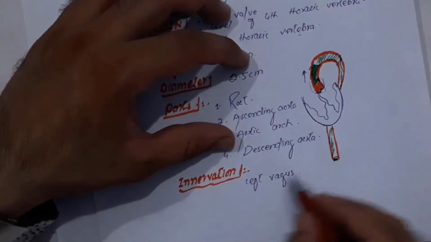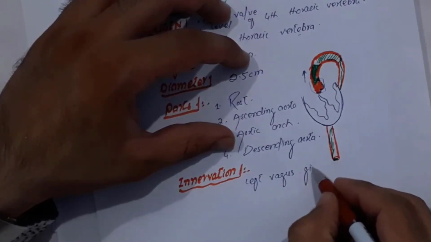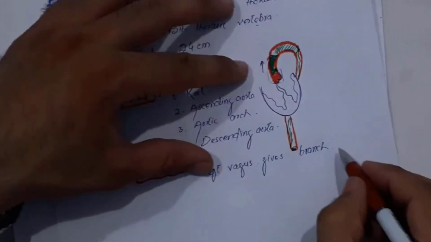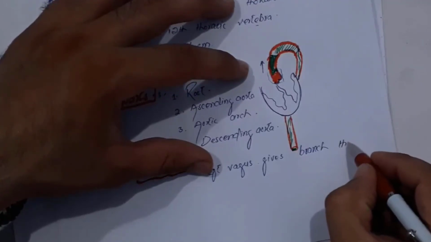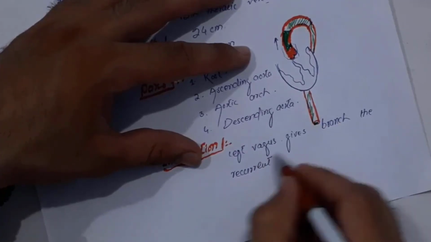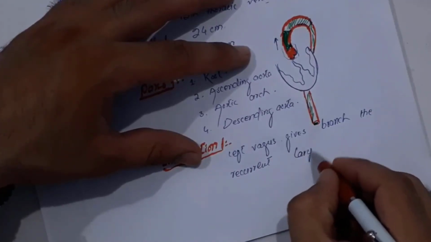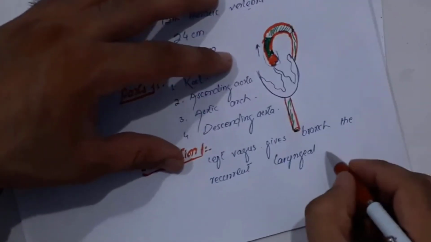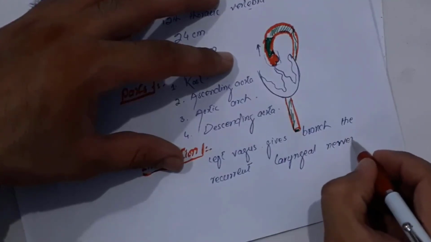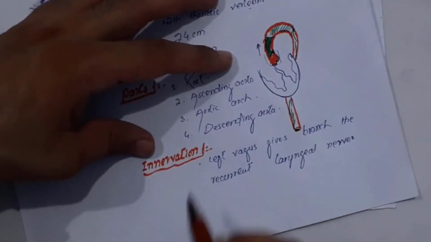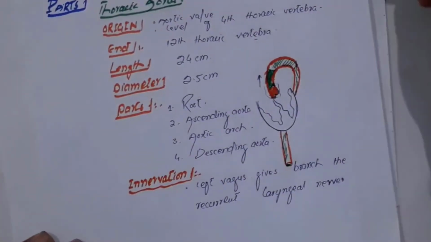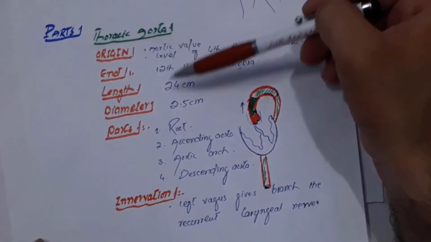So we can say that the left vagus nerve gives the branch recurrent laryngeal nerve. This nerve is responsible for innervation of aorta. Okay, so this was the thoracic aorta.